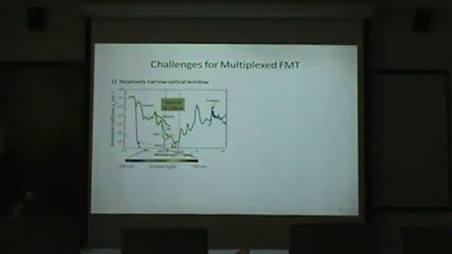So what are the challenges? Well, the issue is that since we have to go through several centimeters of tissue, we're limited to where we can operate in terms of the spectrum here. And so what this plot shows you is the absorption coefficient of some of the typical constituents of tissue, like melanin, and we have water, deoxy and oxyhemoglobin.